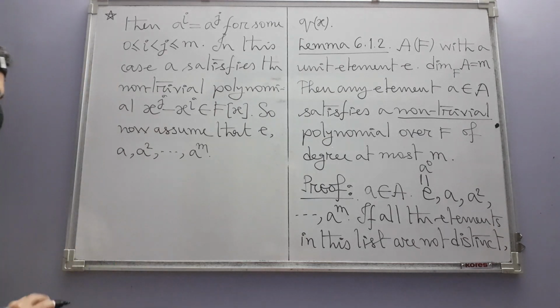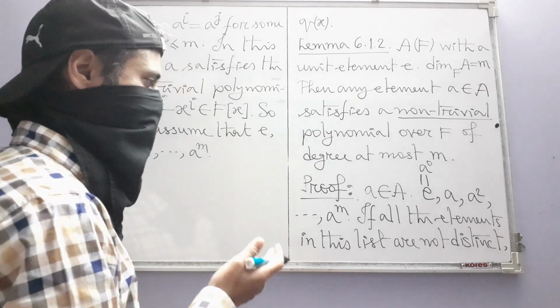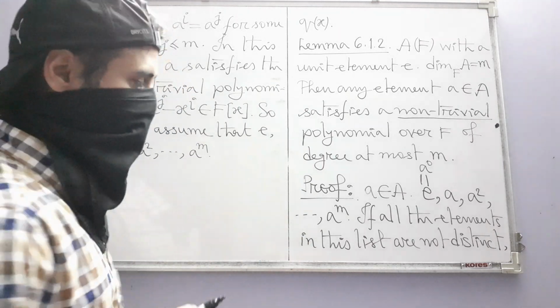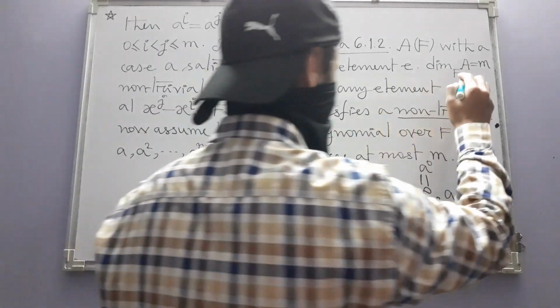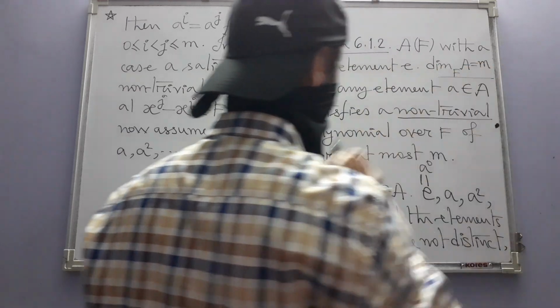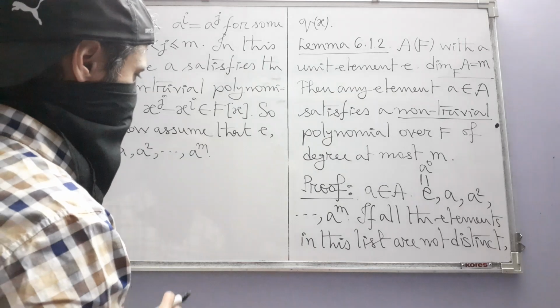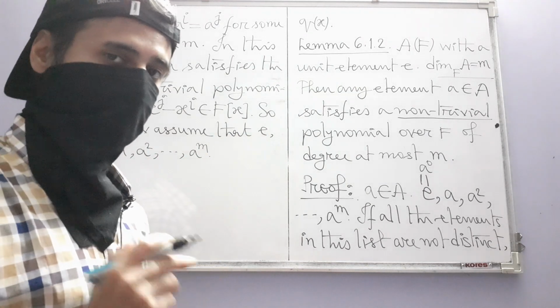Now we know that in this list actually there are m plus 1 elements due to distinctness. But you see that as a vector space, A is m dimensional. So a previous result tells us that the set of these elements will be linearly dependent.